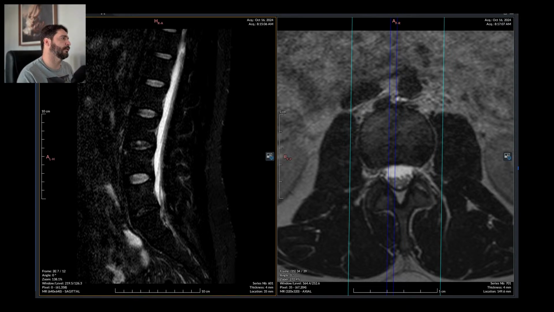So just to be sure, the transitional vertebra is S1 and L5-S1 has a protruded disc.